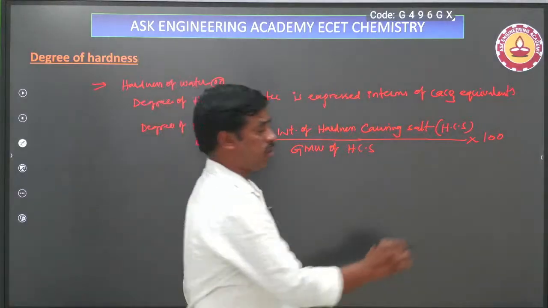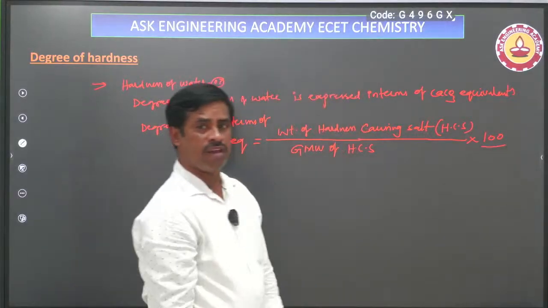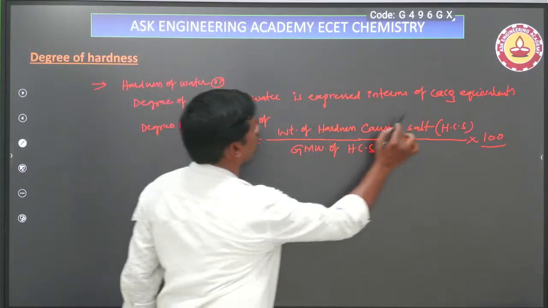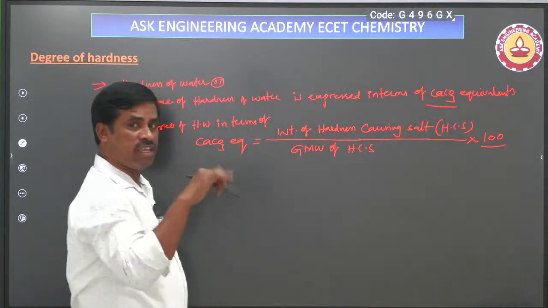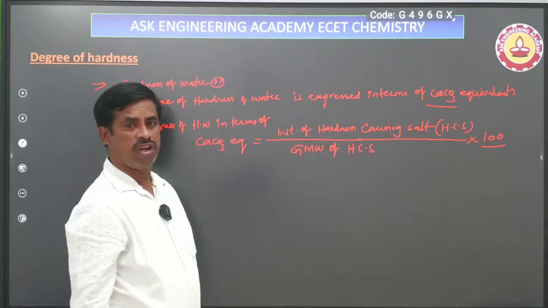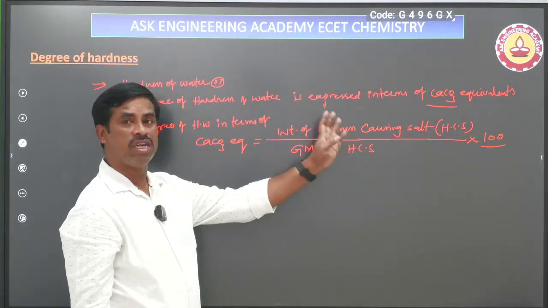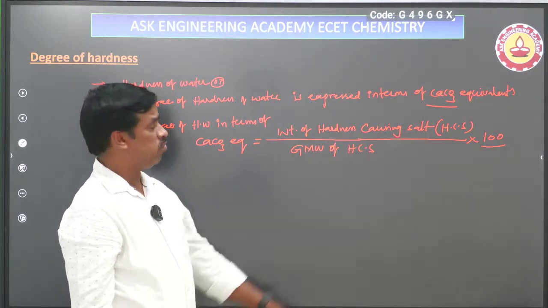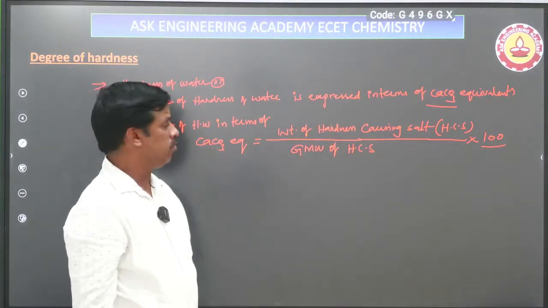What is this 100? It is the gram molecular weight of calcium carbonate, which is expressed in terms of calcium carbonate equivalent. That's why we multiply by 100. 100 means the gram molecular weight of calcium carbonate.